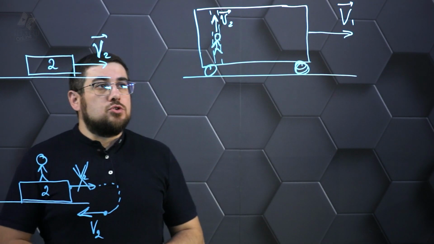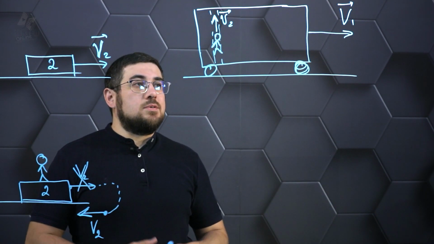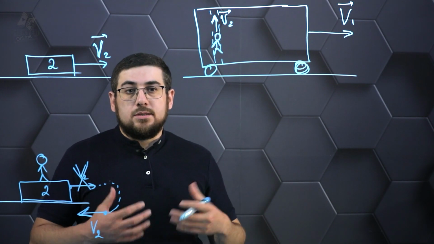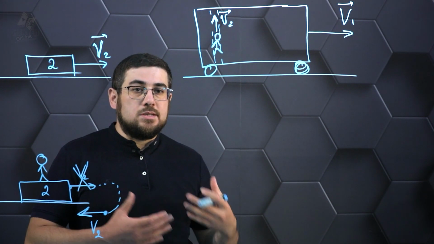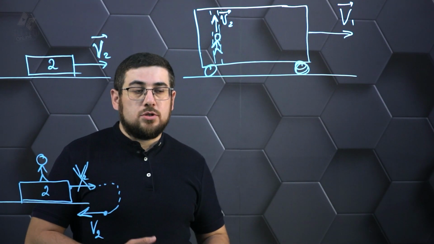That is, he has his own velocity within the given reporting system. And the question arises, with what velocity in the end does the given person move relative to the ground? That is, to find his absolute velocity relative to the stationary reporting system, which we take as the ground.